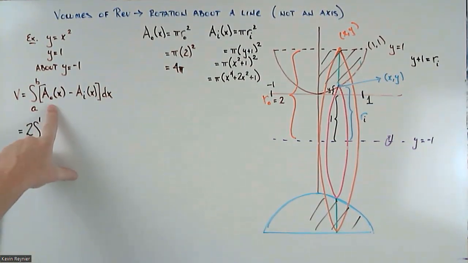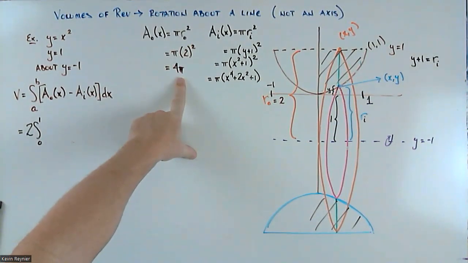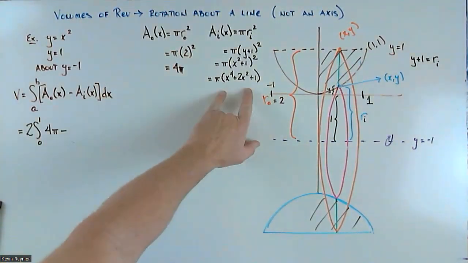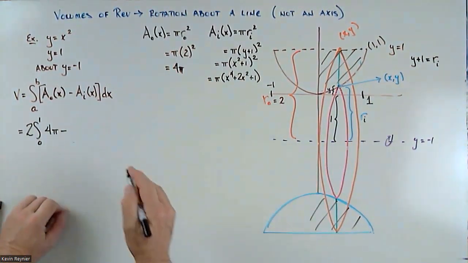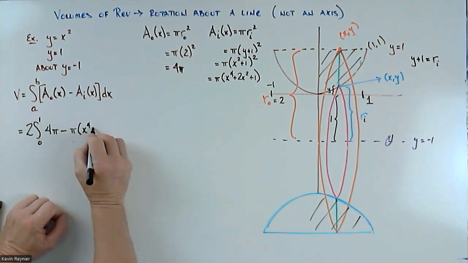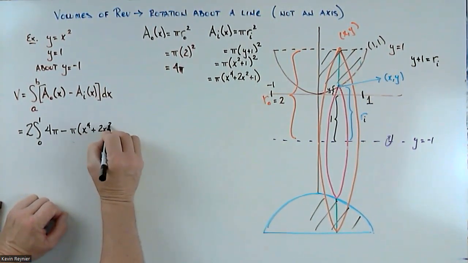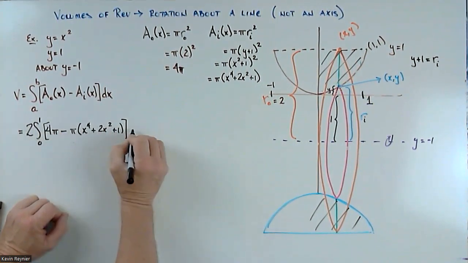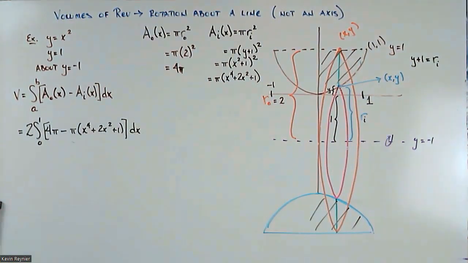Now, our outer function is written right here. It's 4 pi. So we can just put that here minus our inner function. It's written right here. So that's going to be pi times x to the 4 plus 2x squared plus 1. And then we have our friend dx.